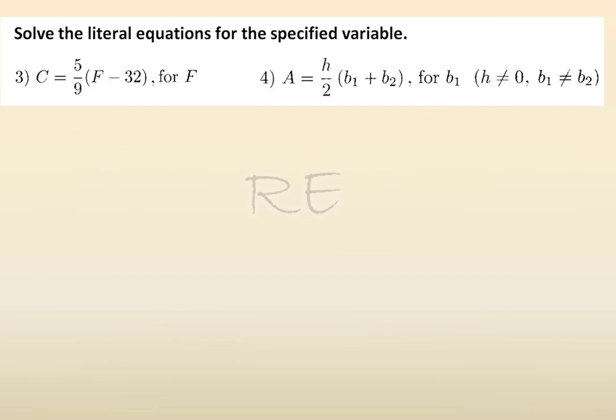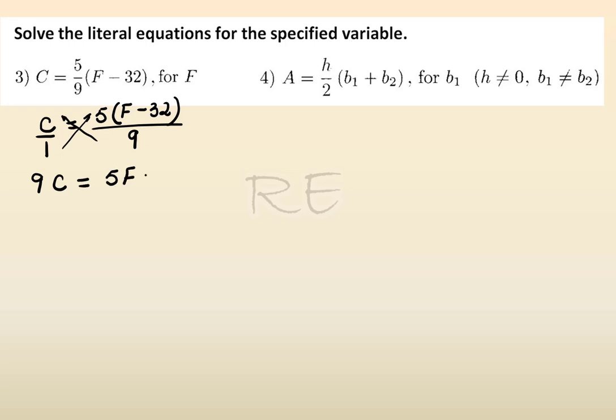c is equal to 5/9 times f minus 32. We're solving for f. We're going to write c over 1 is equal to 5 times f minus 32 over 9. When we cross multiply, we get 9c. And when we distribute, we get 5f minus 160.